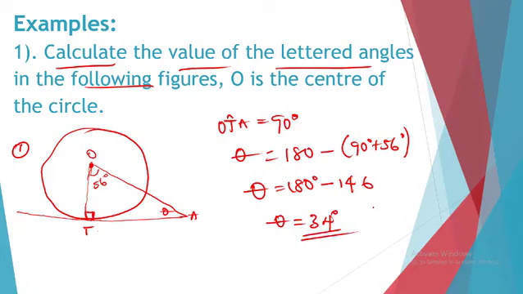As simple as that. Example number 2, we are asked to find the lettered angles in this diagram. Okay, let us start. Looking at this diagram, you will agree with me that P, which is here, is equal to 90 degrees. And we call it the angle at the semicircle.